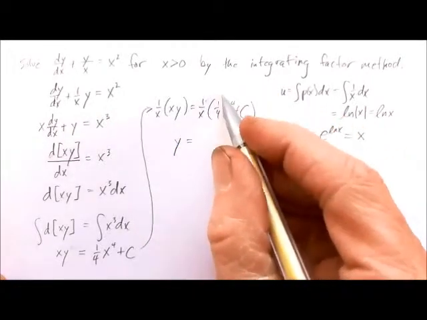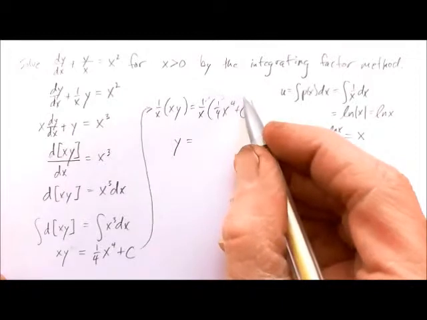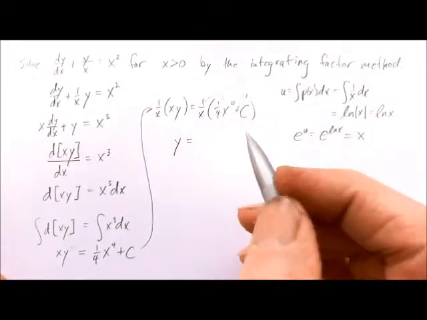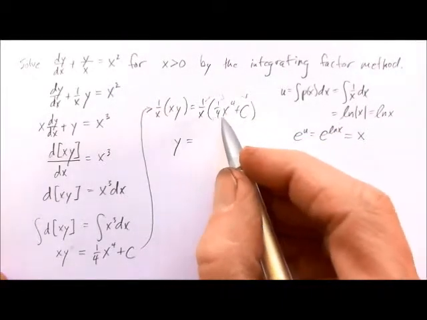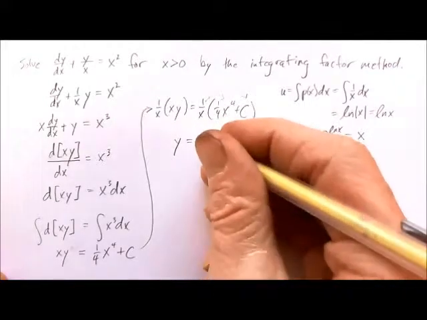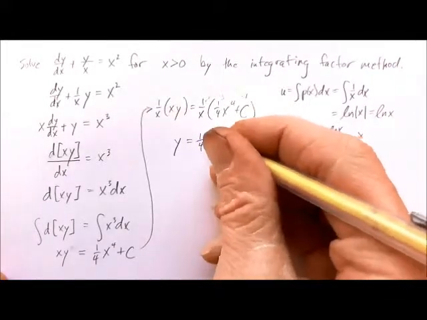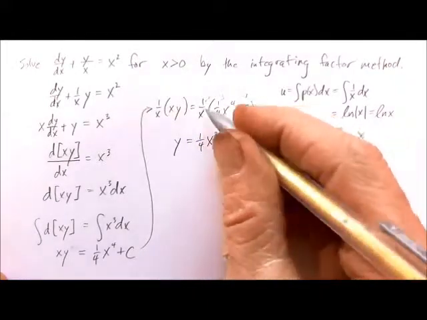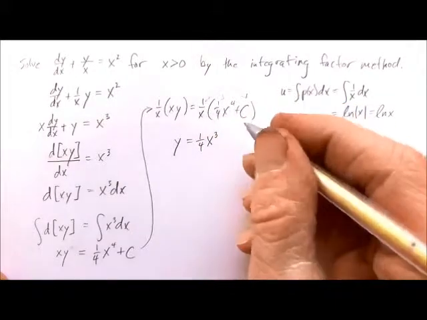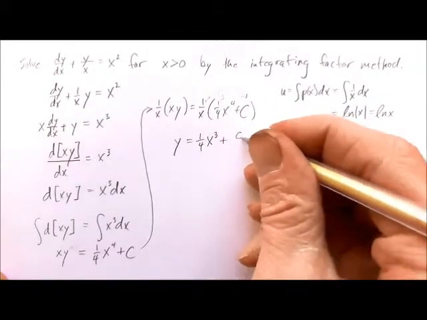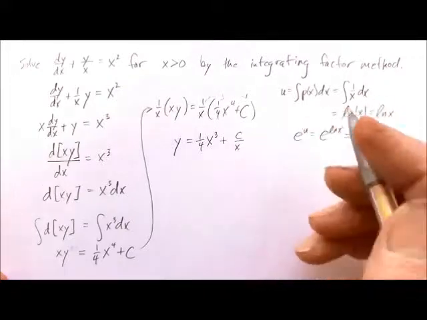When we distribute this in, don't forget it has to go with both this part and the constant. The 1 over x times x to the fourth will be x to the third, so we get 1/4 x to the third. And then 1 over x times c, which I'm going to write as plus c over x.